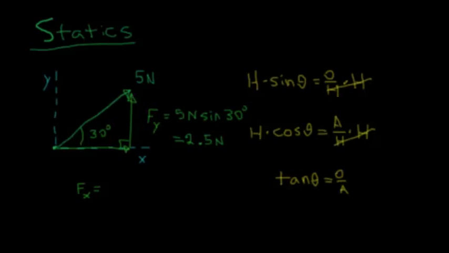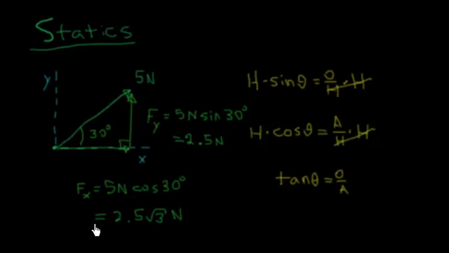We can do the same thing down here, just like we did with the y component, except now we're using cosine for that x component. And there's 5 newtons times cosine of 30 degrees. And we know that cosine of 30 degrees is root 3 over 2. So since it's over 2, we'll divide that 5 by half. We get 2.5 times root 3 newtons in that x direction.